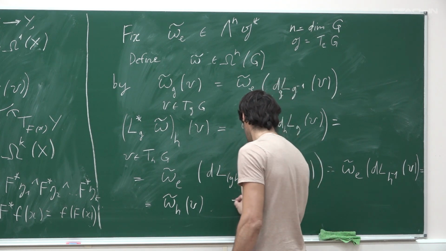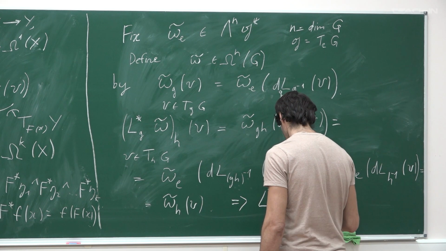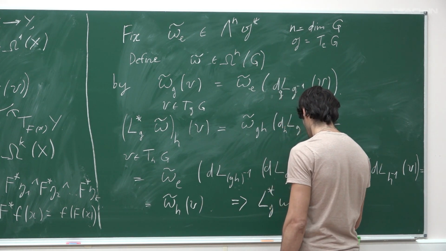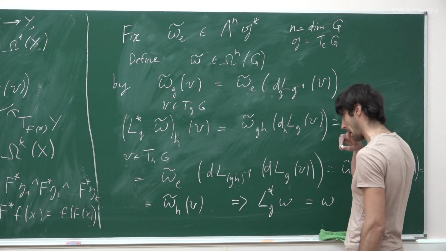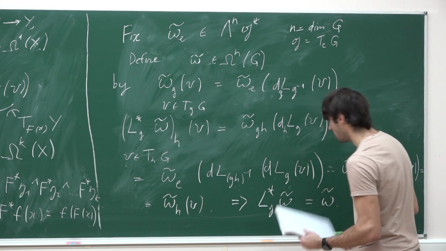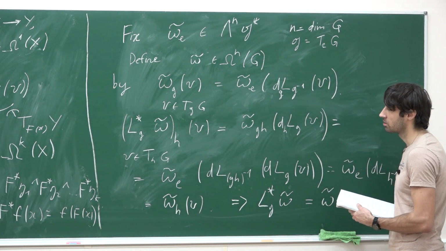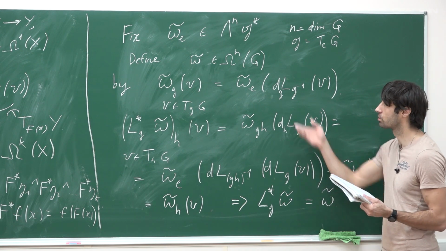So therefore, LG star omega. So omega is left invariant n form, and omega tilde. Okay, so I'm writing omega tilde for now because I chose some element.